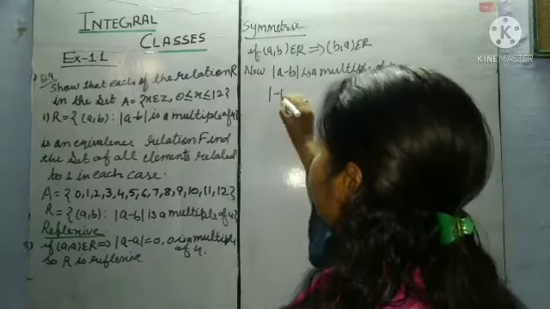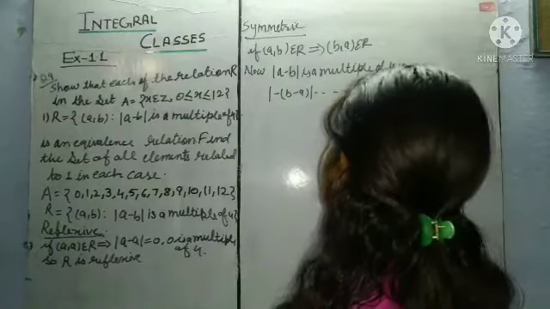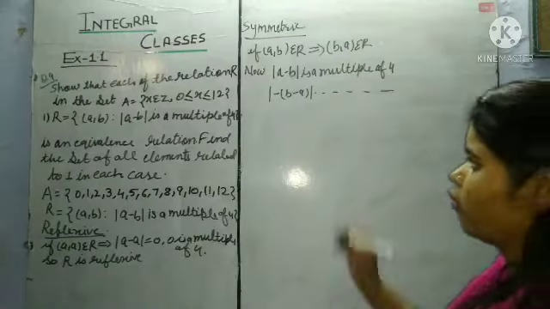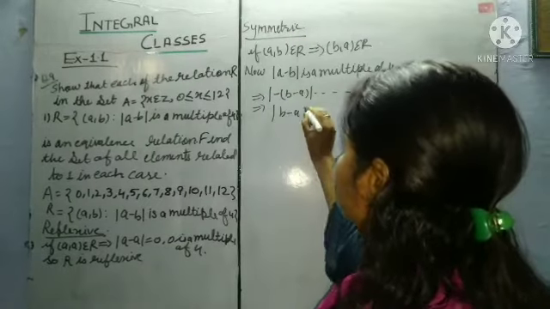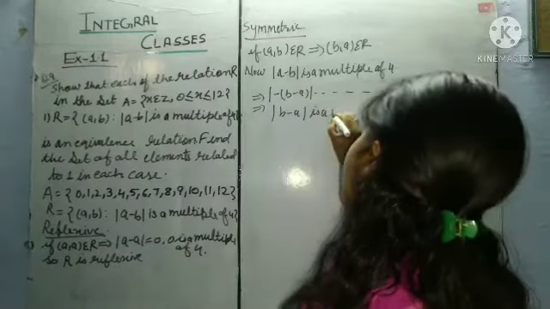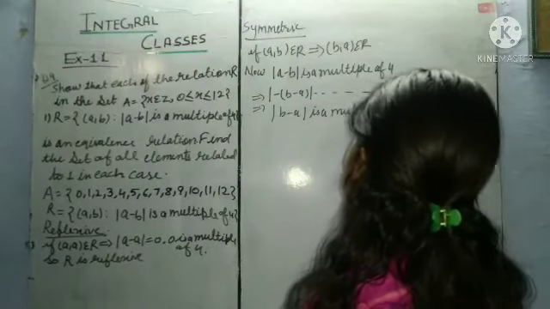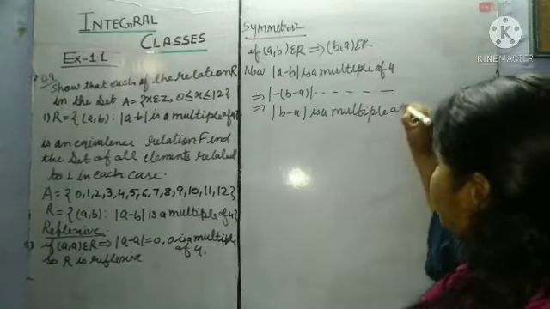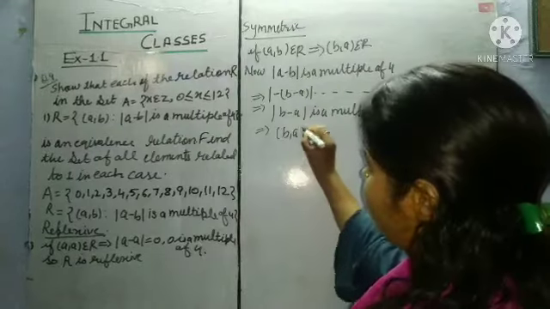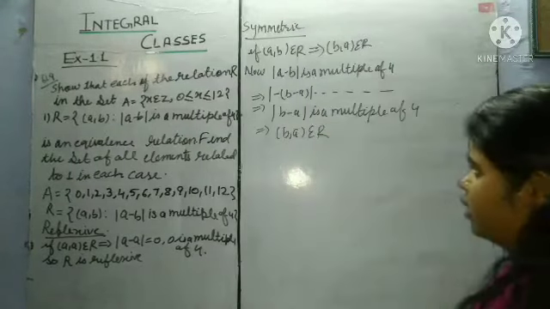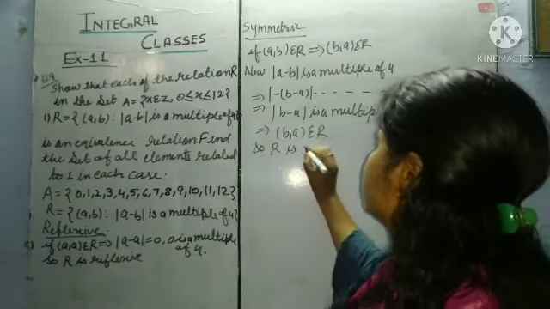Now we will write here, take the minus sign outside, and minus (B minus A) is a multiple of 4. So it implies that B minus A is a multiple of 4. So it implies (B, A) belongs to R. So R is symmetric.